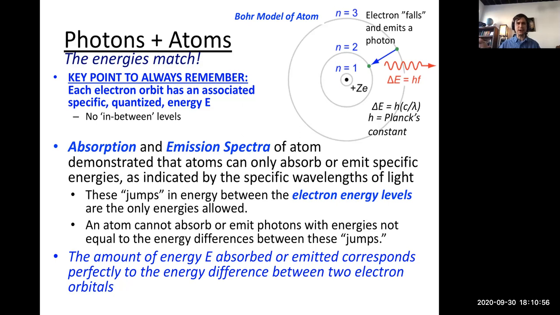Otherwise, that photon will not interact with that electron, and that electron will not absorb that photon. You will not get an absorption feature at 1.9 electron volts of energy, a wavelength of 656.3 nanometers, a nice color of red.